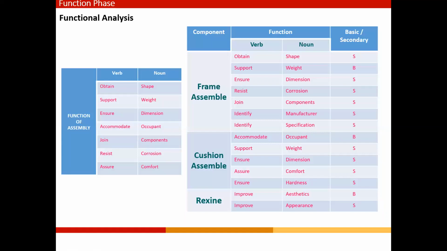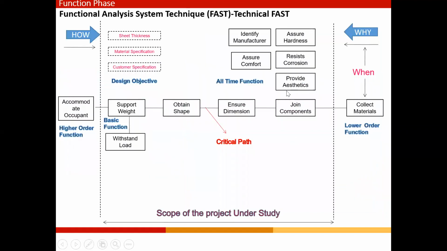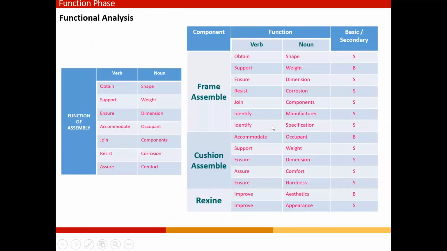Because even for that particular aesthetics or appearance, the customer is going to pay money, and even the company is going to spend money for that. So that is an all-time function. Aesthetics should come under the all-time function, and comfort should also be an all-time function. But as you said, it should be a measurable variable.